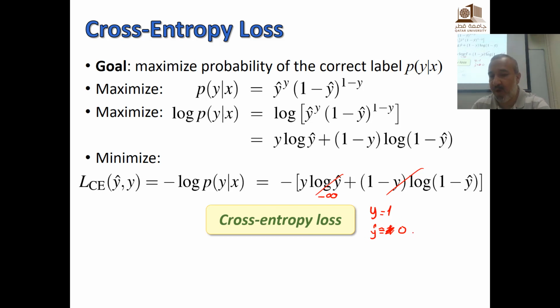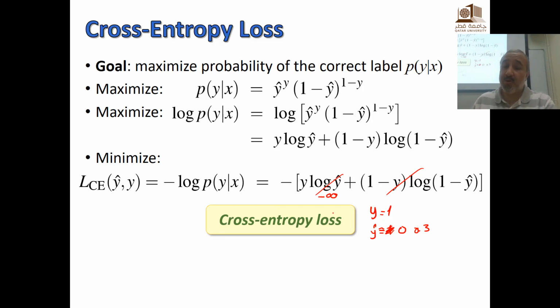So if y hat is 0.3, what would we expect of the loss value? It will be positive or negative? Positive. It should be high, right? But it's not infinity. It will be a big value, but it won't be infinity.